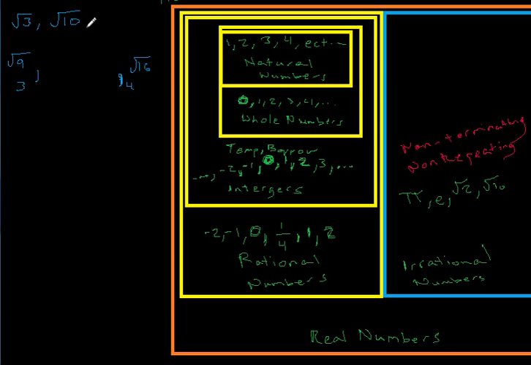Let's figure out what the square root of 10 is. But before we do, remember that it's going to be either an irrational number or a rational number because it's going to end up having a decimal.